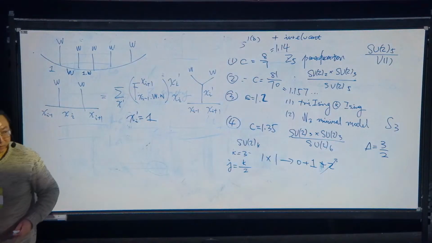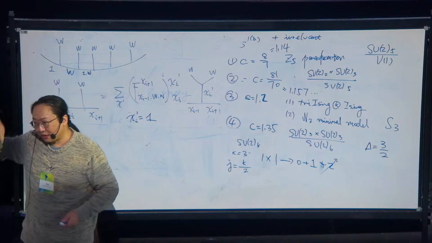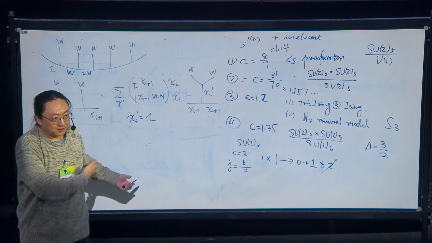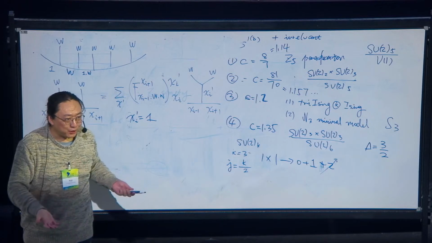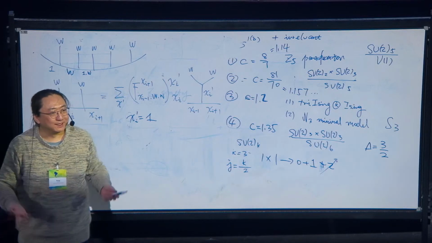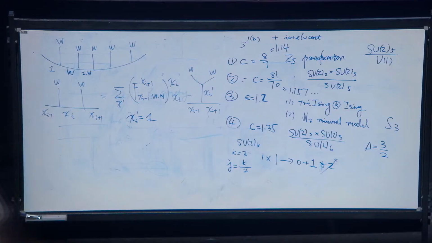Okay. So in principle, one should try to develop a way to treat this kind of local constraint Hilbert space using DMRG. I don't know how to do it. I'm not a numerical expert.